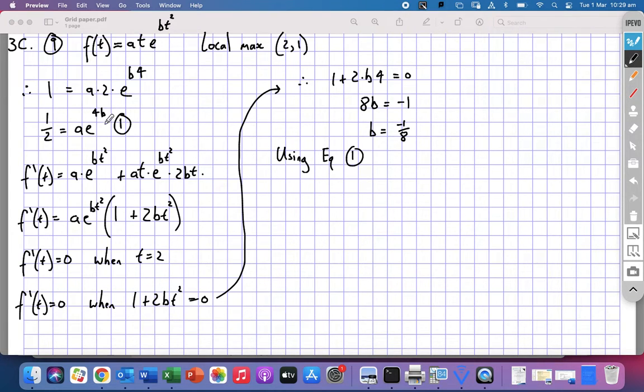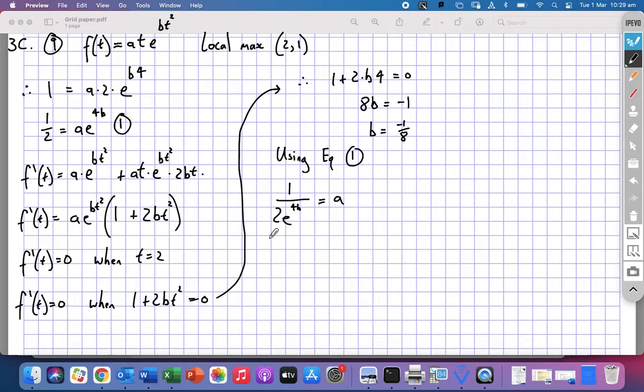I could have just divided both sides by e to the power of 4b in 1 step and got this. So I could have gone straight to e to the power of 4b equals a. I'm not sure why I made extra work for myself there.